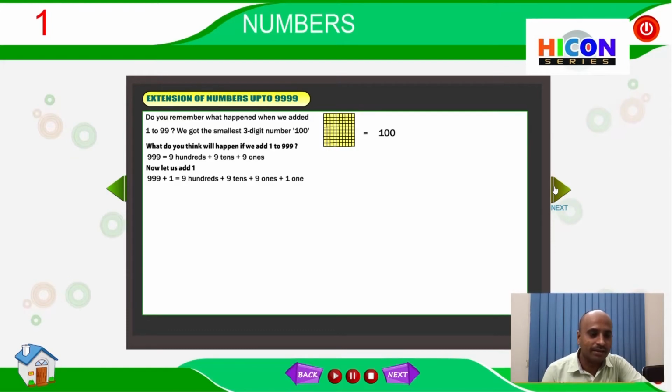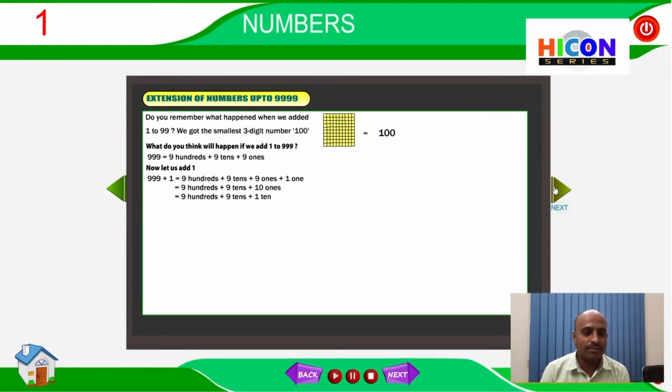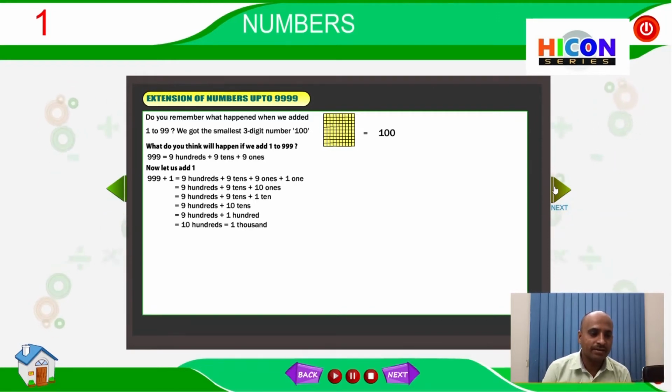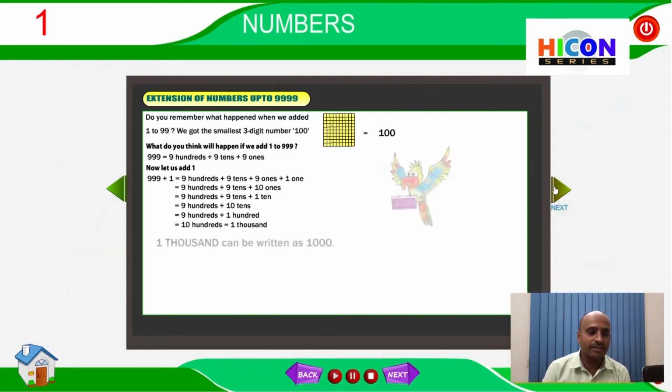Then we get 9 hundreds plus 9 tens plus 10 ones, that is 9 hundreds plus 10 tens, that is 9 hundreds plus 100, which is equal to 1000.